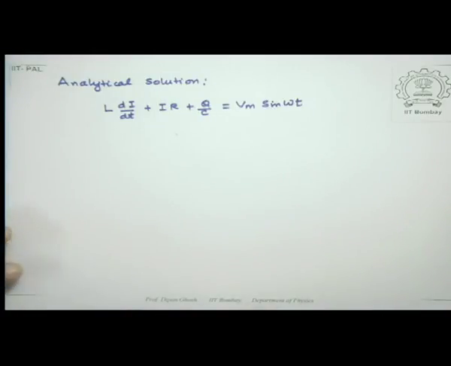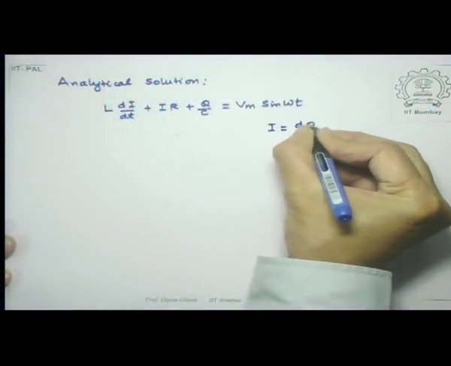Now this equation can be converted into a second order differential equation either in charge or in current, observing that I is equal to dq by dt.